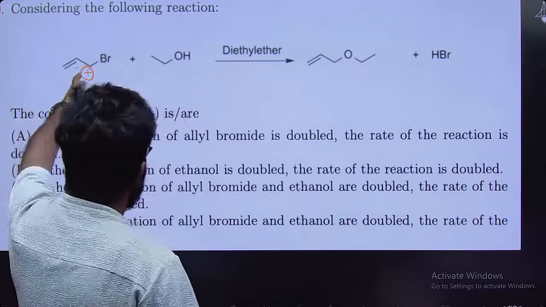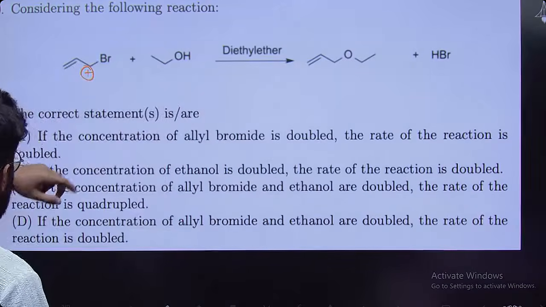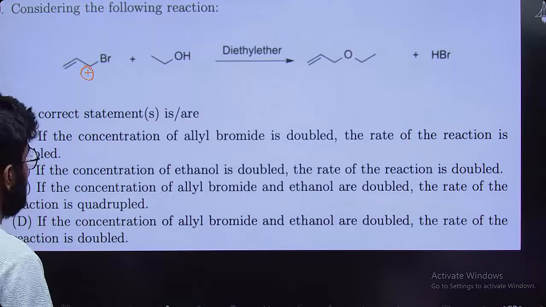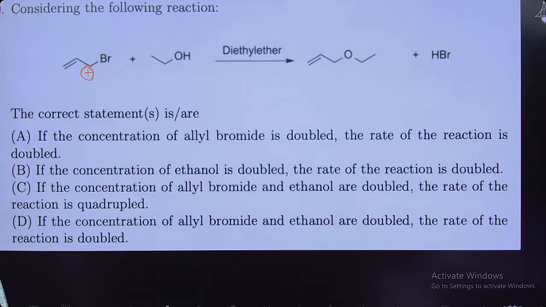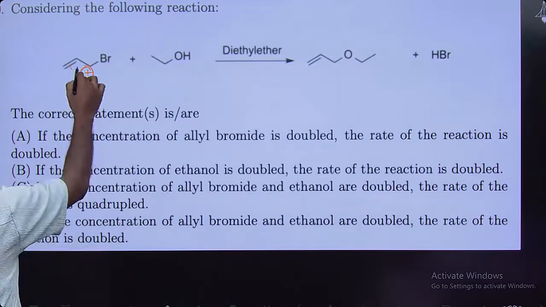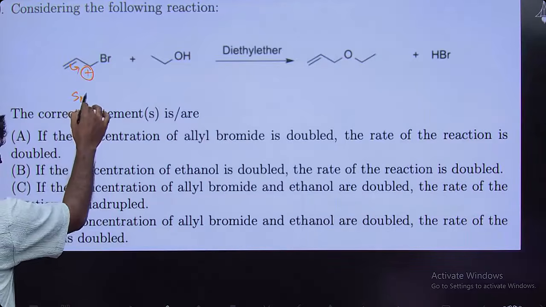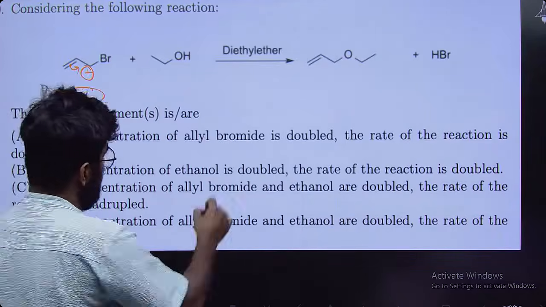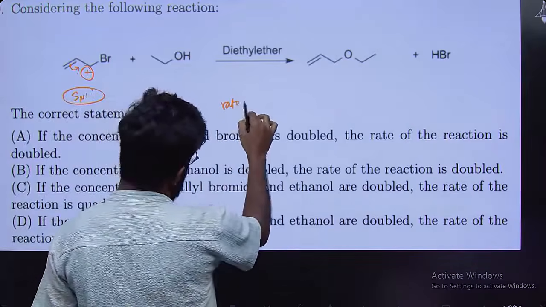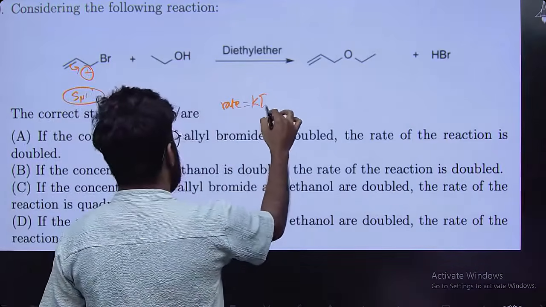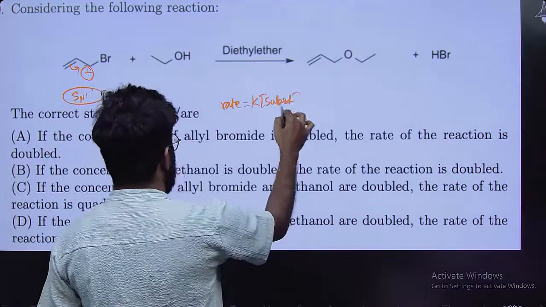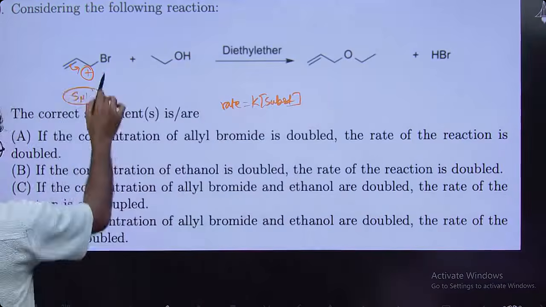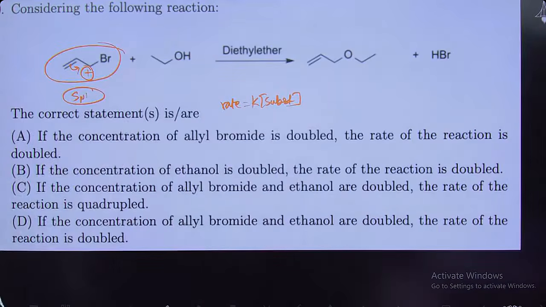You can say this Br can be kicked out and forms a carbocation which is stabilized by resonance. So SN1 is possible, right? So we follow SN1 here, and as per SN1 we know that the rate depends only on the substrate, and the substrate is this one on which this attacks, right? So which forms the carbocation basically.